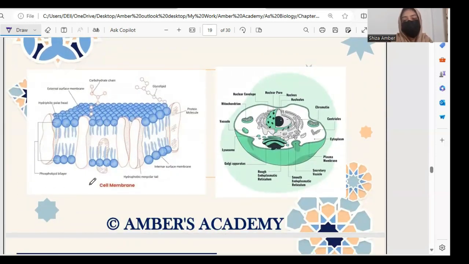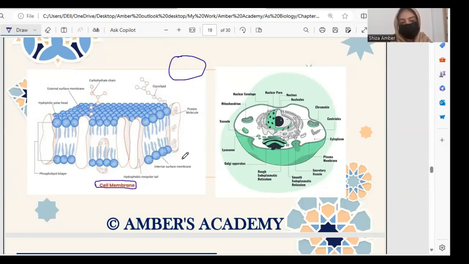All right. So now moving towards the structure of the cell membrane, and you do not need to worry about this structure because we already have a separate chapter for the cell membrane. We'll start the cell membranes chapter right after we complete this chapter on cells. This is exactly how your cell membrane looks. It's not like how we used to draw in O levels.